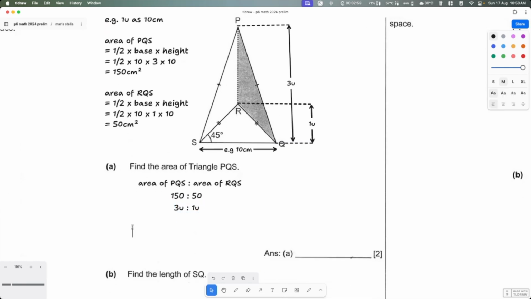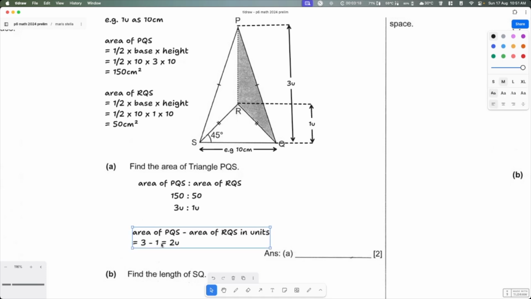So area of PQS, let me just copy this whole thing, minus area of RQS, in units is equal to 3 minus 1, equal to 2 units.